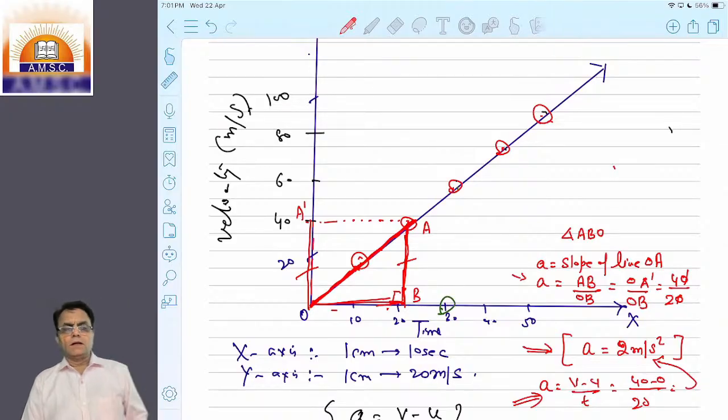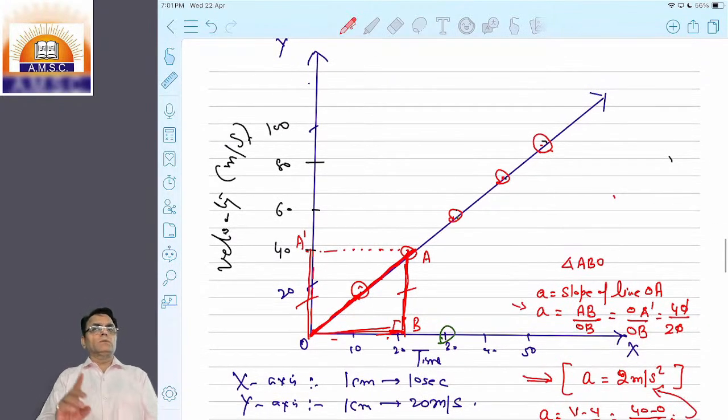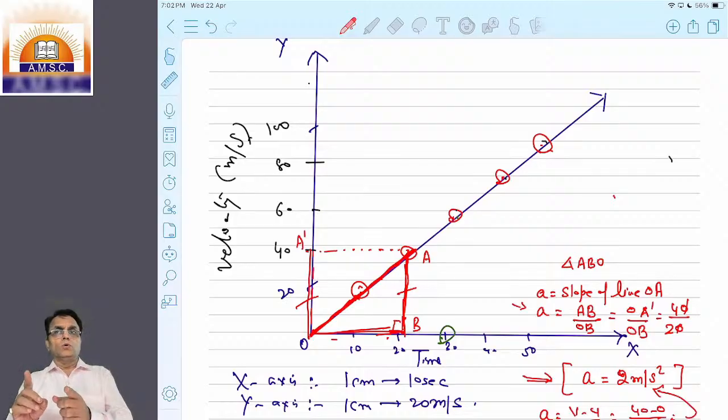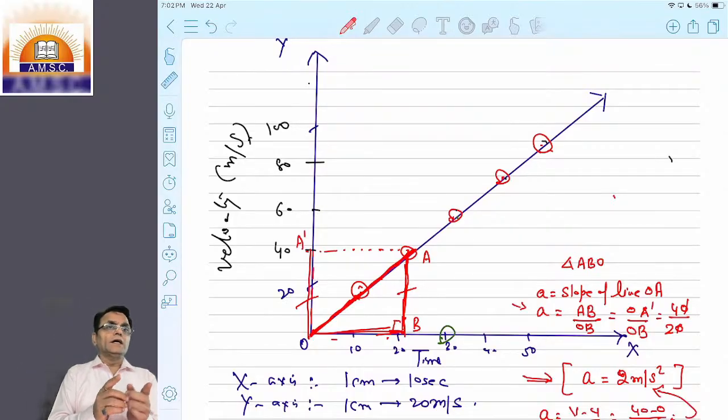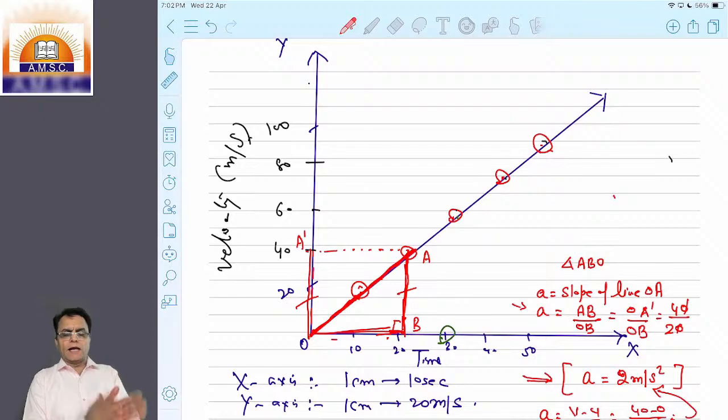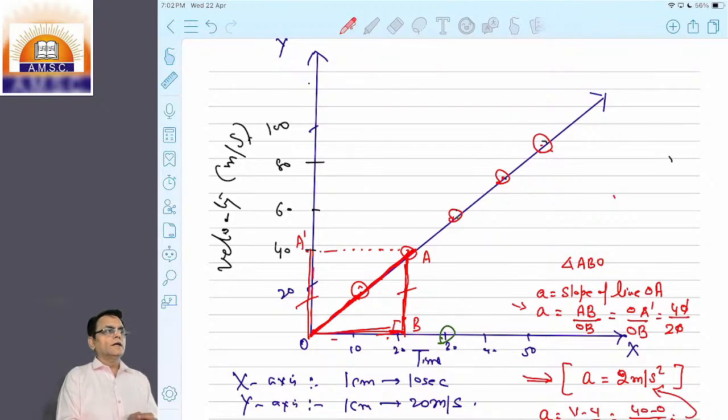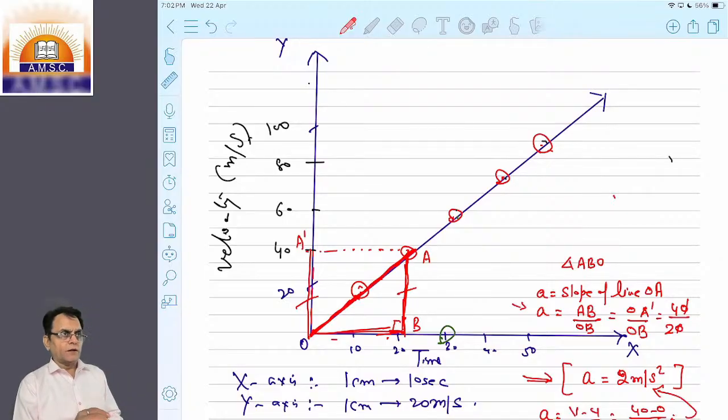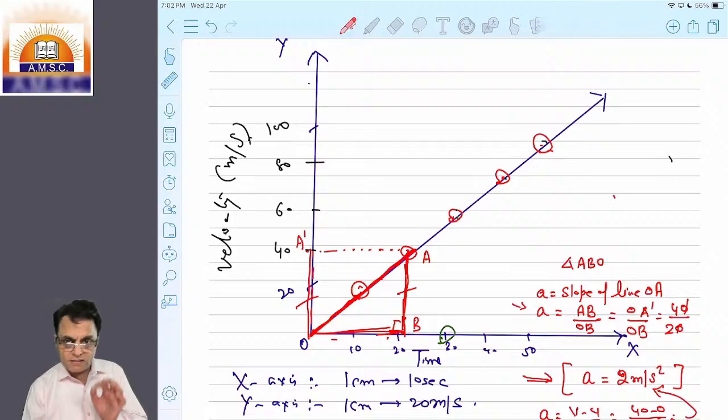Right? Now I am interested to know, listen carefully while I speak, the value of acceleration in a time span from 60 to 100 seconds. I am interested to find out acceleration graphically in a time span from 60 second to 100 second.